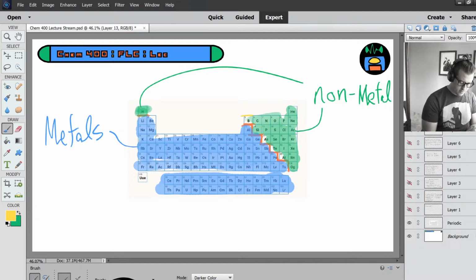right here at the intersection between your metals and your non-metals, all right? Because the category metal and non-metal is based on observation, based on shared properties, but it's not a light switch. It's not something that goes on and off.